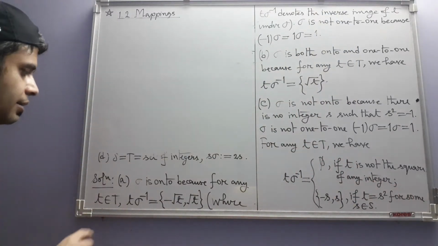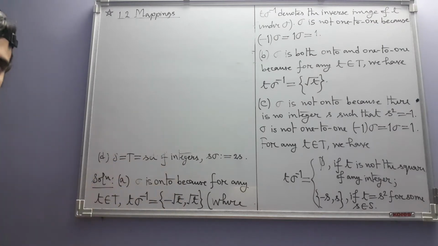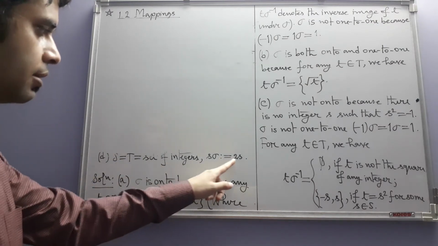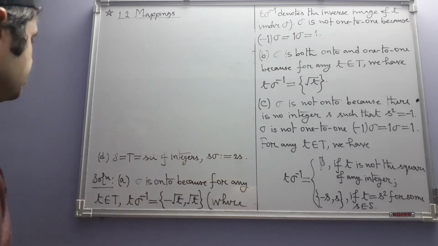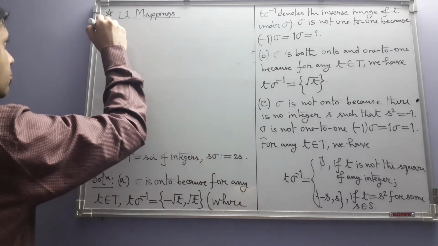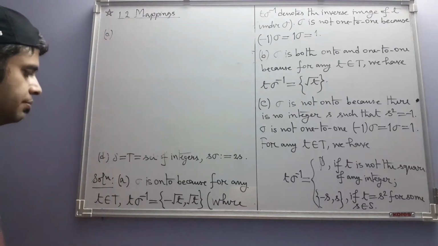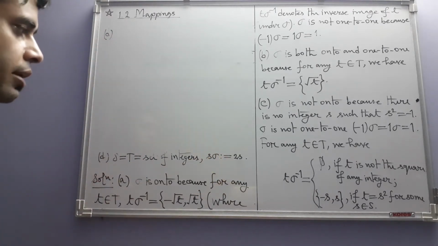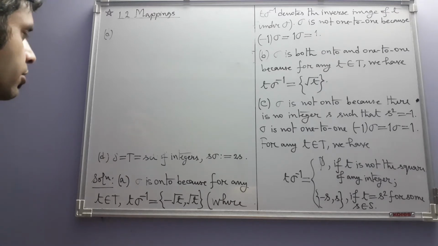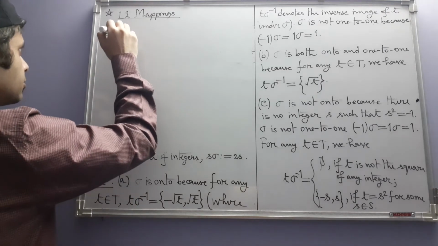And finally we come to part D. So in part D, our sets are the same, just like part C, but the formula for the function has changed. So for D, this function is one-to-one but not onto. Okay, let us first say why it's not onto.